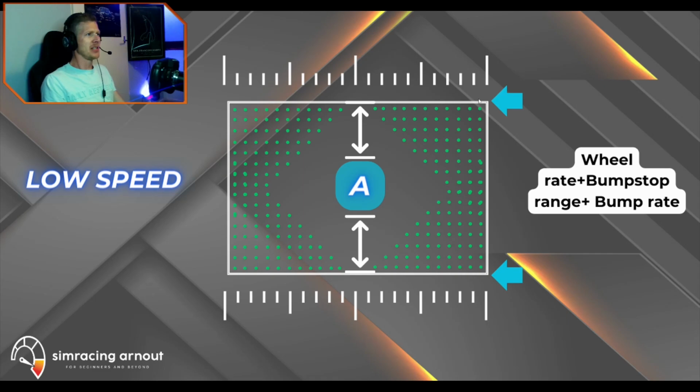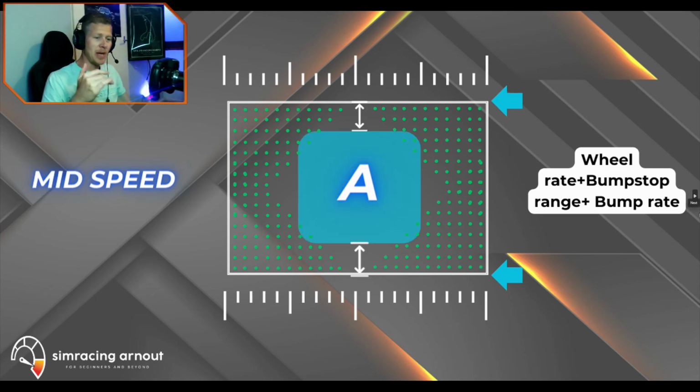And imagine these lines represent our wheel rate, bump stop rate, and bump stop ranges all together. And we are traveling around with the car and we have all these green dots representing our tire efficiency and our grip. Yeah, we don't have that aero box that big, so we're going low speed.